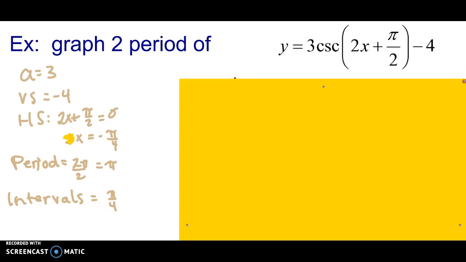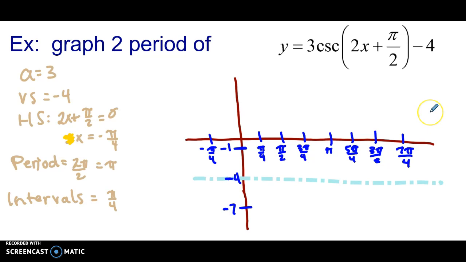I started just by setting it up, okay? So see if you're able to set it up correctly. That vertical shift really impacts where this ground base is. Next, because it's cosecant, I have to think about it in terms of pi, right? So here, I am going to start at quote-unquote 0, but in this case, 0 is like at -4.